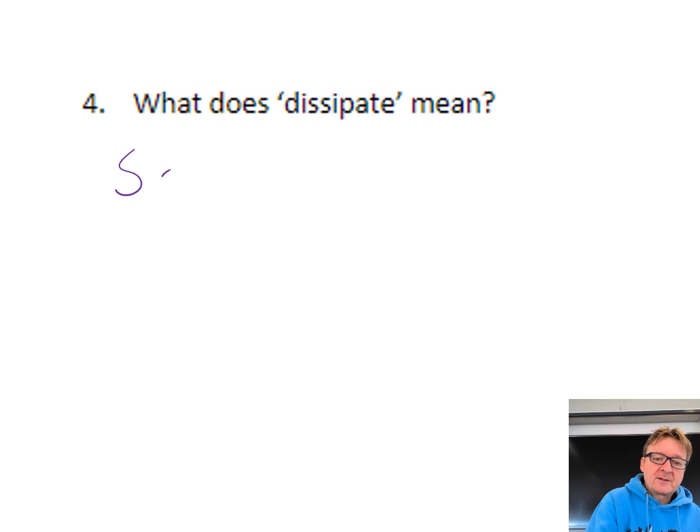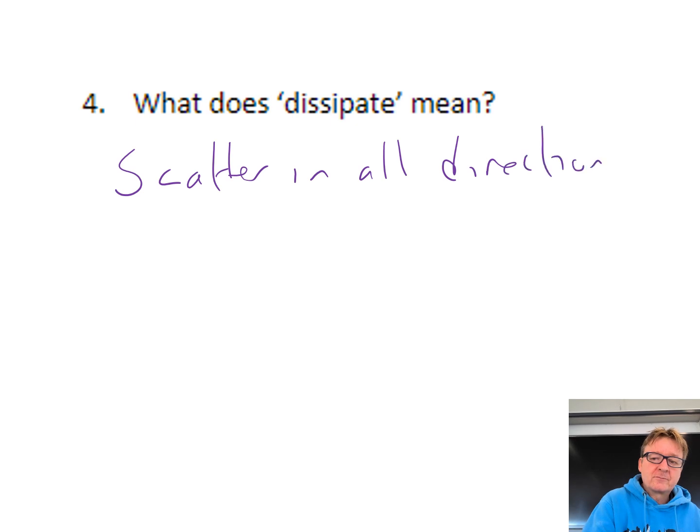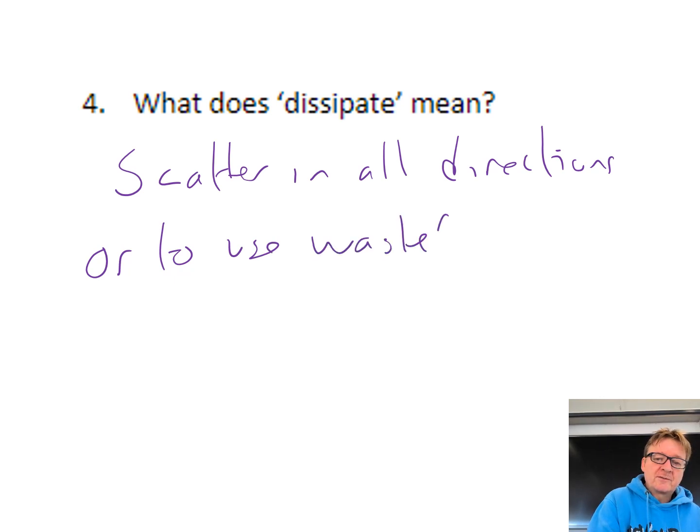It means to scatter in all directions, or to use wastefully. So if I was going to dissipate a class, whether that's the right thing to do, they would scatter in all directions. Or to use something wastefully is to dissipate it.